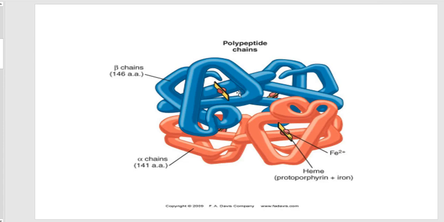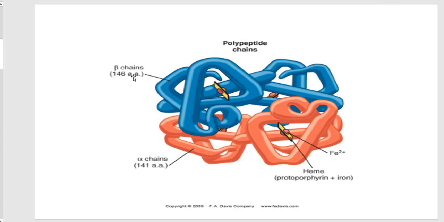This is the adult hemoglobin A1. And there is a pocket for the heme group in each polypeptide chain, so it contains 4 heme groups in the 4 polypeptide chains.